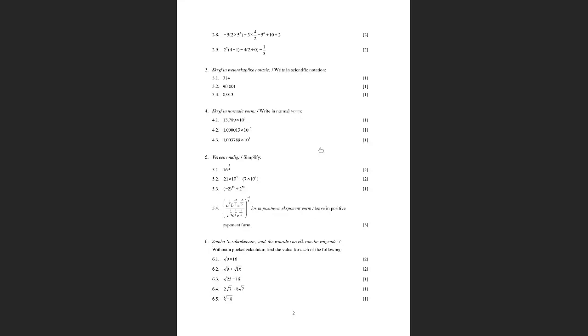So the comma is going to move to the left 2 times. So we are going to have 0,0 1 0 0 3 7 8 9.